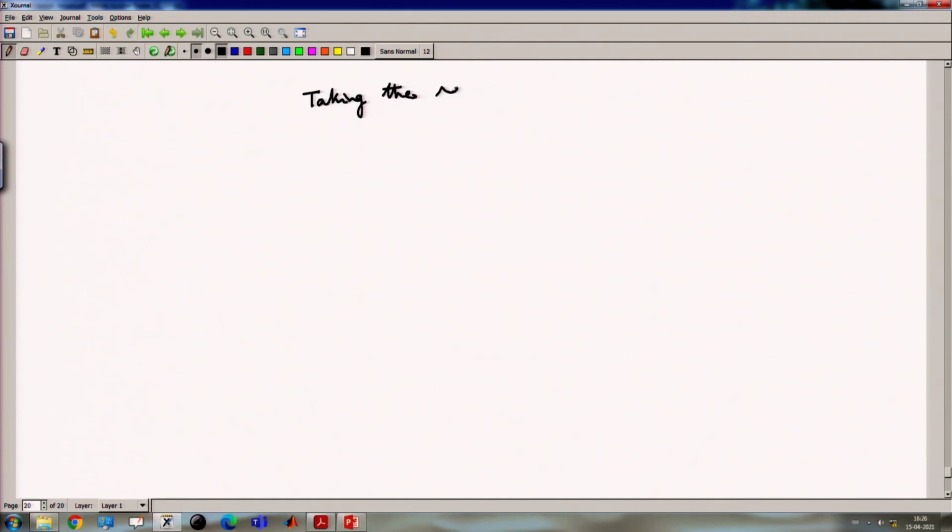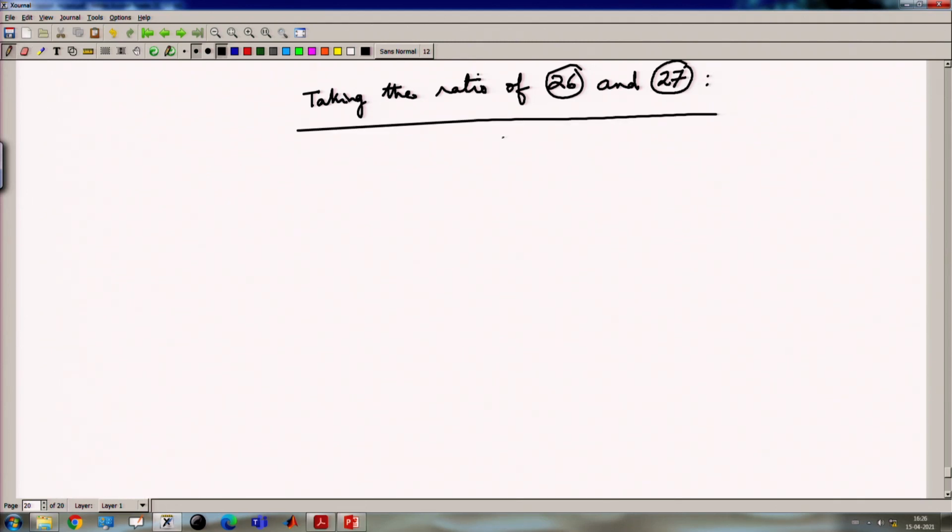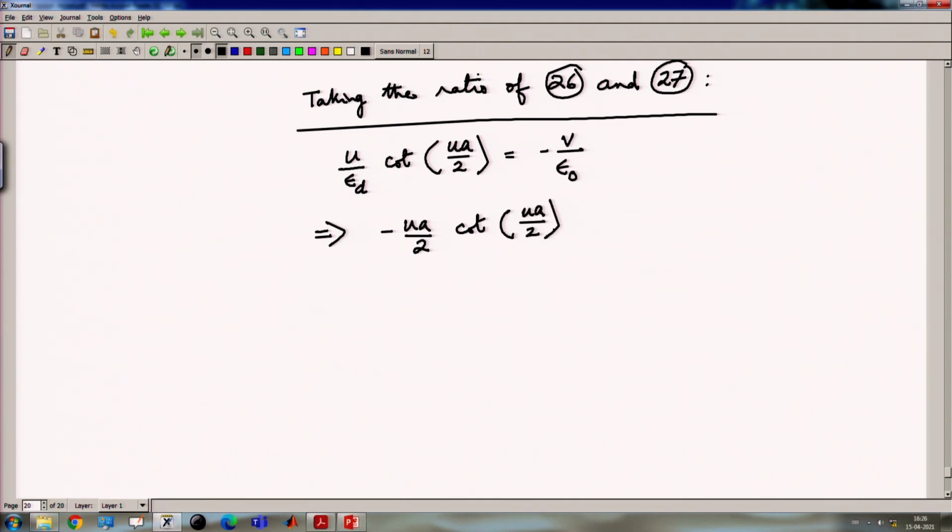Taking the ratio of 26 and 27, we obtain u by epsilon d cot u a by 2 equal to minus v by epsilon naught, which implies minus u a by 2 cot of u a by 2 equal to epsilon d by epsilon naught v a by 2. Call this equation 28.